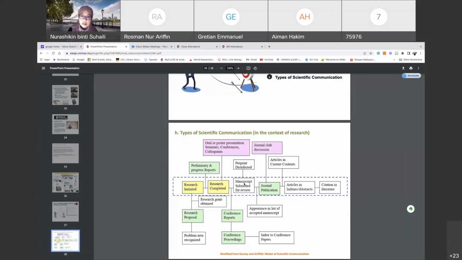The journal will review your paper. They will see whether it is correct or not, and to do that they will send your manuscript to 2 reviewers. Examiners, but we don't say examiners, we say reviewers. Who are the reviewers? Reviewers are academics all around the world.